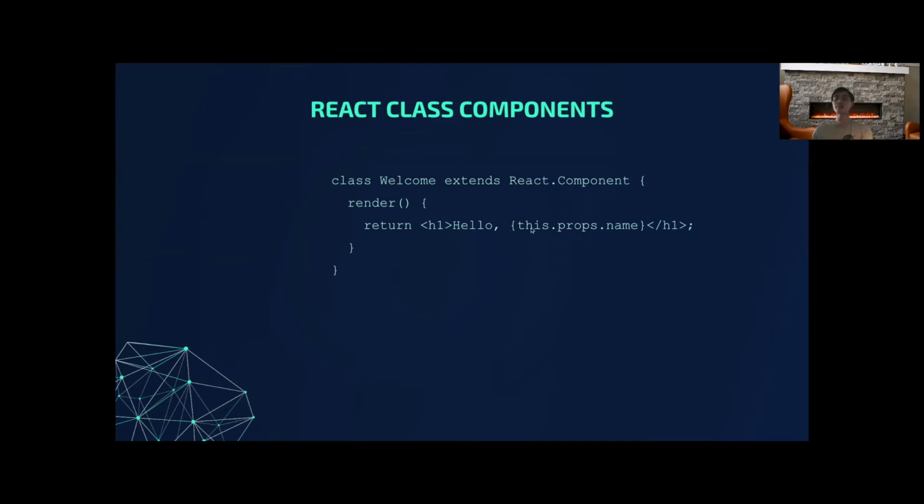And so we refer to Welcome as this within itself, and then .props, which are the properties that it has, and we'll go over it more in depth. But for right now, props are essentially the properties that are passed in to Welcome, and also .name, right?